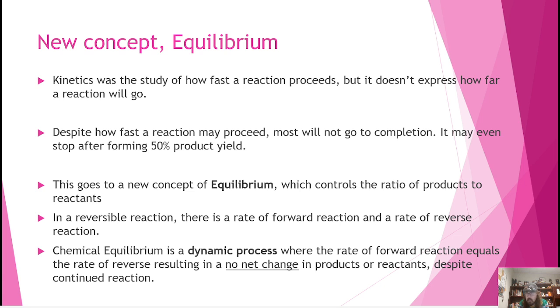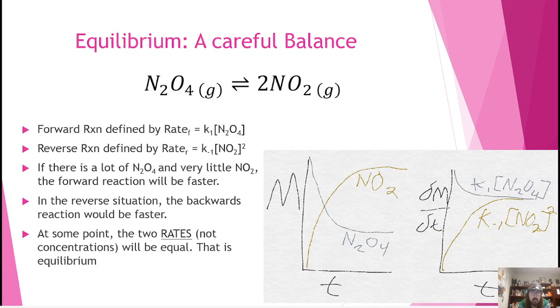The reaction still is occurring. Reactants are going to products, but for every reactant that's going to product, there's a product going back to reactant at the same time. So if they're going at the same speed, it doesn't matter that they're still working, you have no net change. So this is a very careful balance.